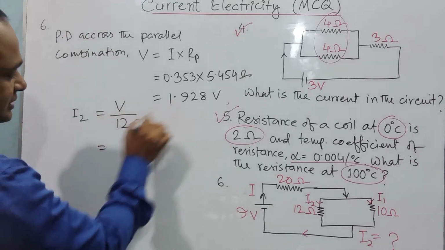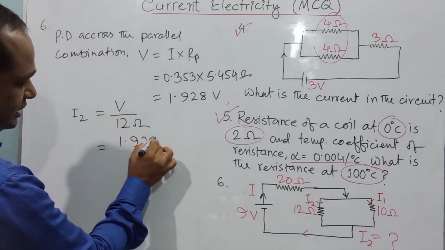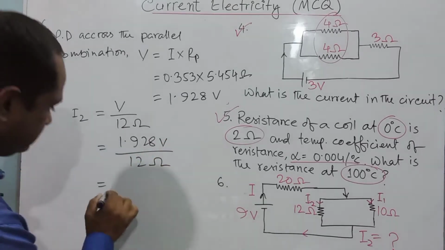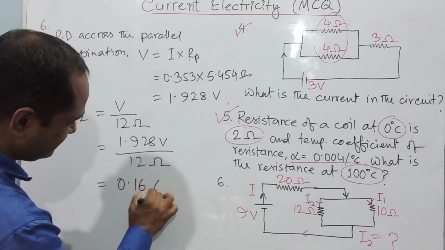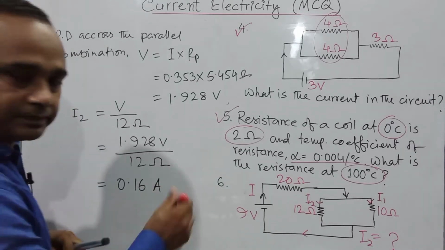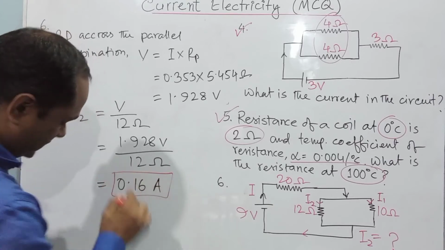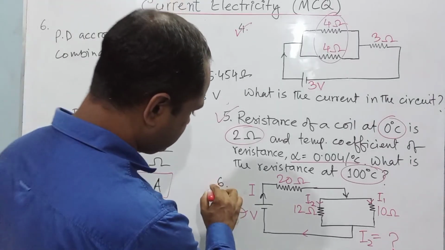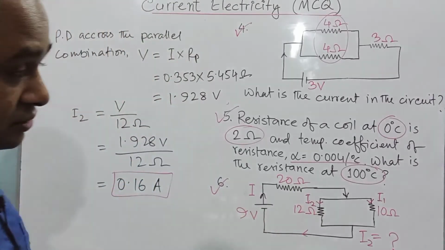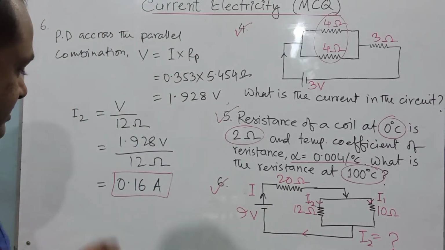The value of V means 1.928 volt divided by 12 ohm, 0.16 ampere, right? This is our final value for question 6, that is the current passing through the 12 ohm resistance.